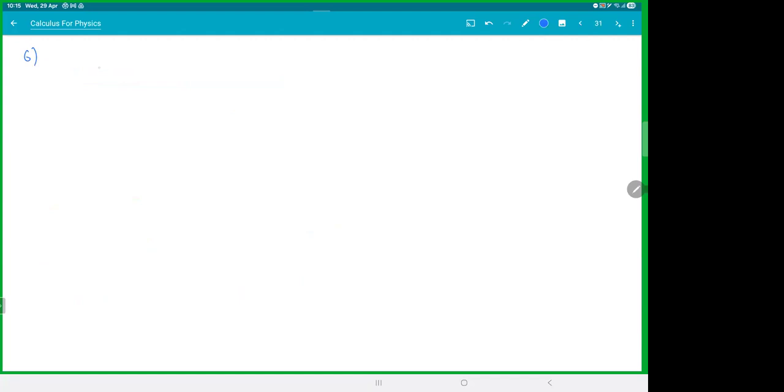So let's say I give you a velocity vector. Let's say position vector only. Let's say the position vector, we'll call it R bar: t square i cap plus 1 by t j cap.